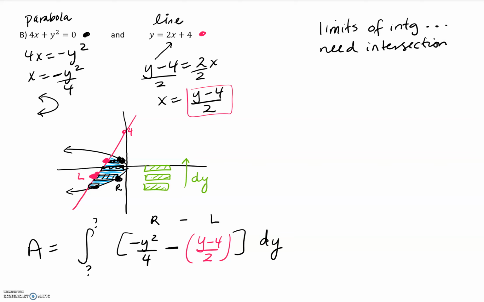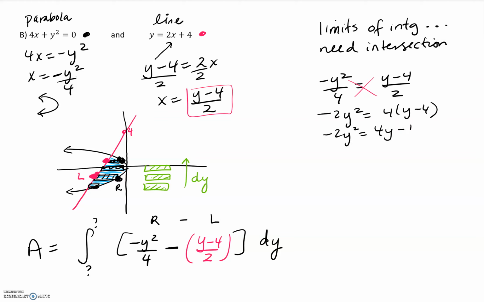Now let's go get limits of integration by finding the intersection points. I'll just set my two equal. There are different ways you can go about it. I'm going to set my x's equal to each other. Maybe we'll cross multiply and get negative 2y squared equals 4y minus 16.